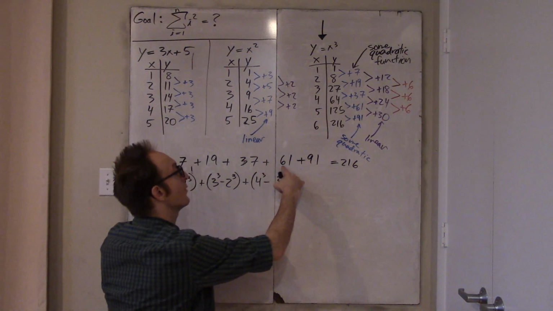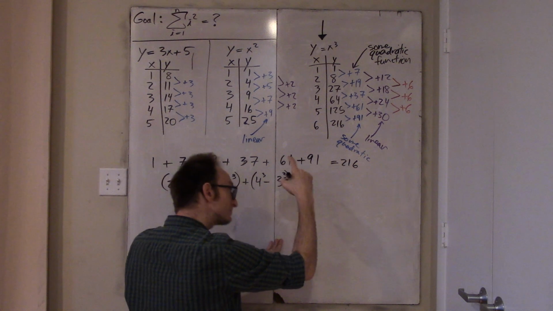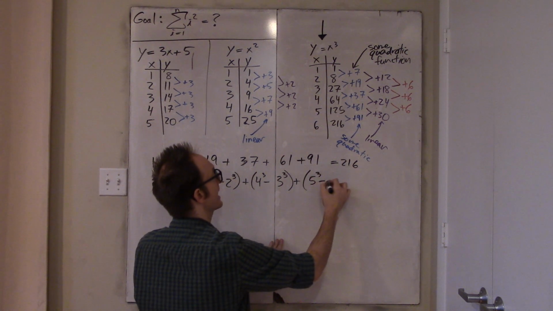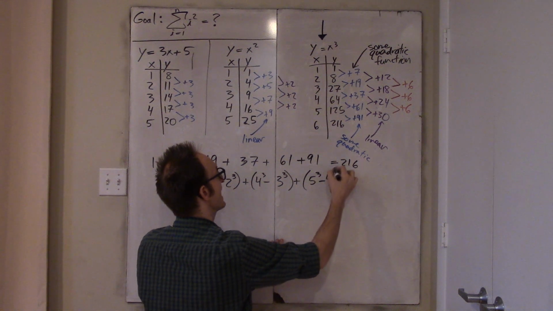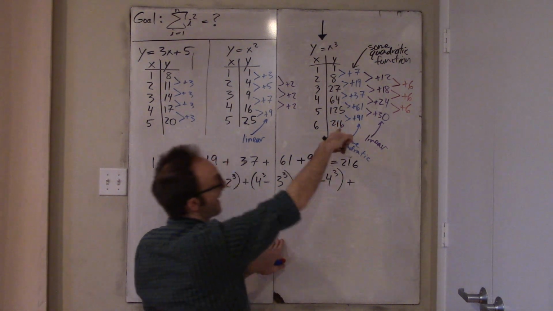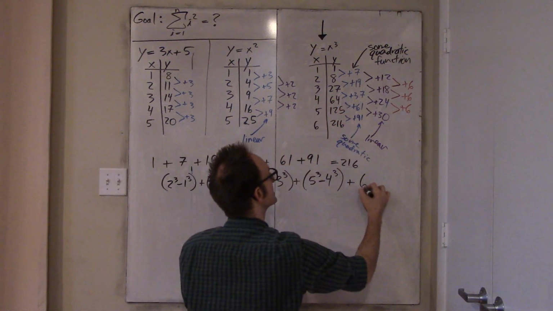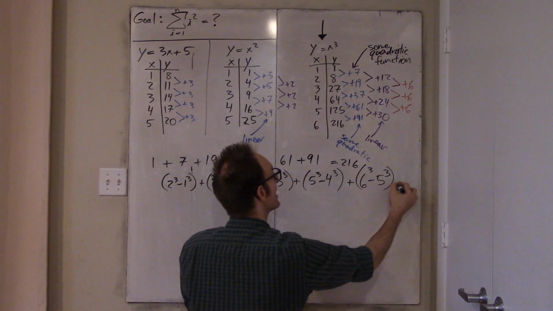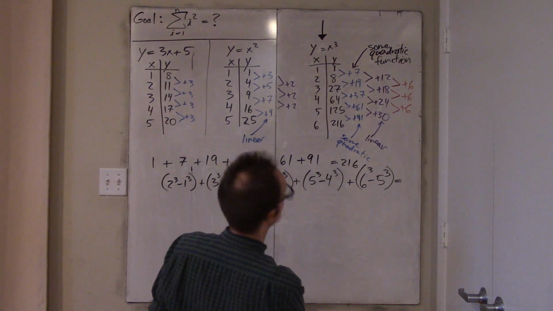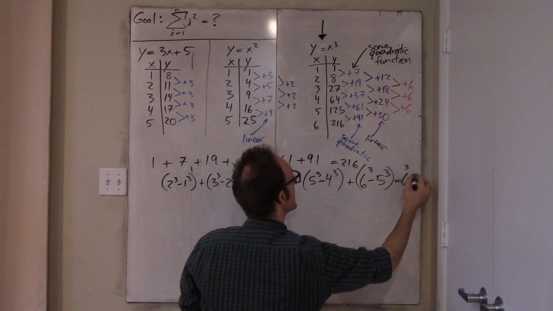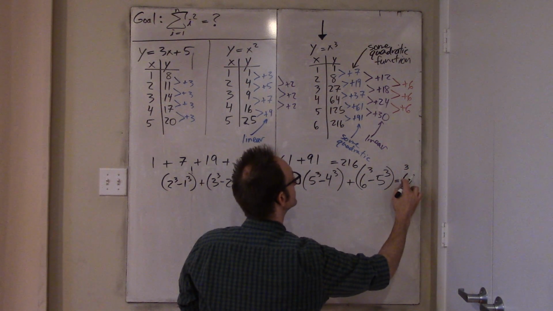What is 61? 61 is 5 cubed, make sure I'm doing this right, minus 4 cubed. And what is 91? 91 is 6 cubed minus 5 cubed. And if I add all those up, what do I get? I am going to get, of course, 6 cubed minus 1.